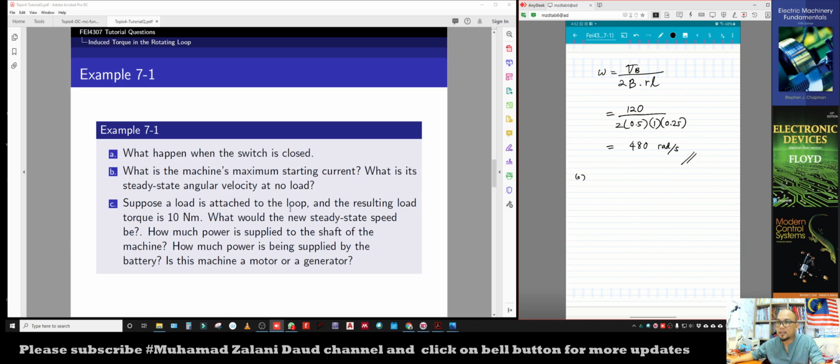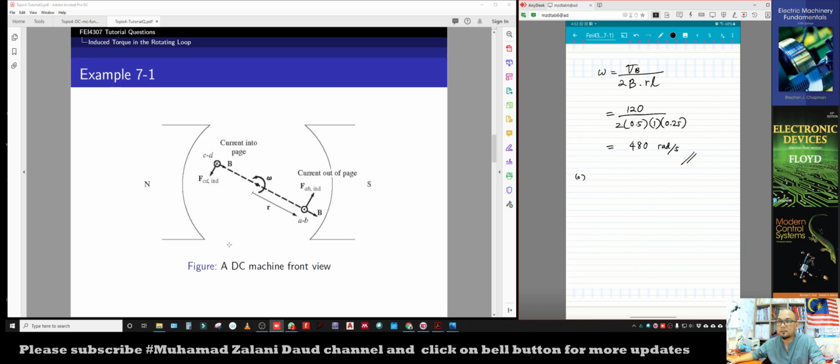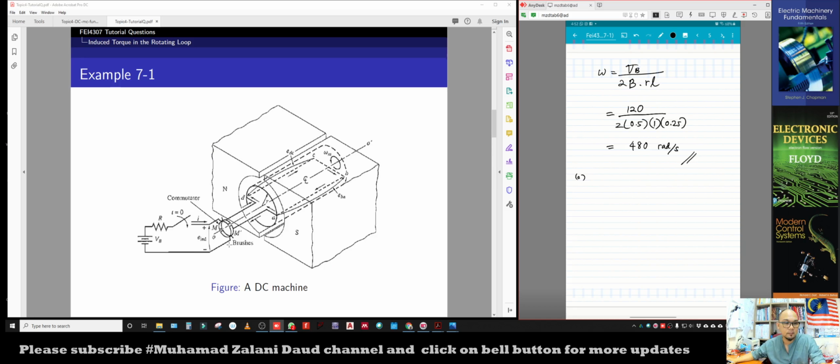Suppose a load is attached to the loop and the resulting load torque is 10 Newton meter. What would be the new steady state speed? Okay, now what happened to this machine is, we connect this battery and then switch on, and then current will be flowing and there'll be torque, and then this machine rotates.